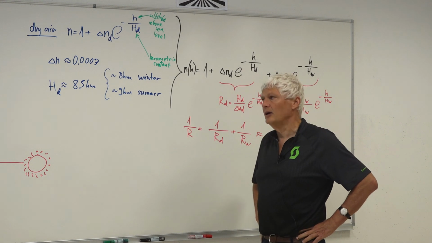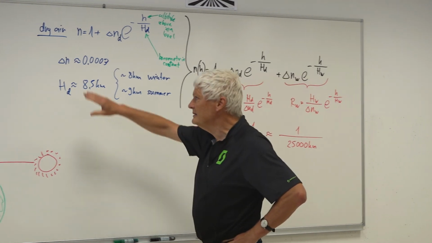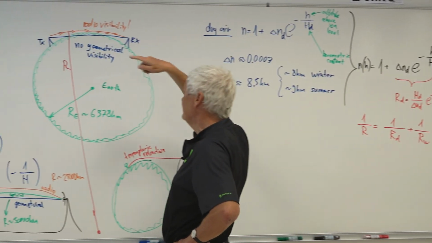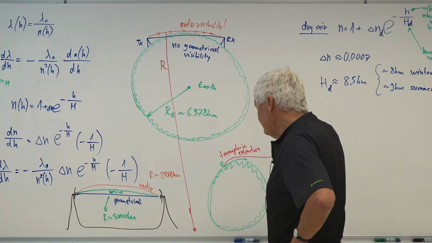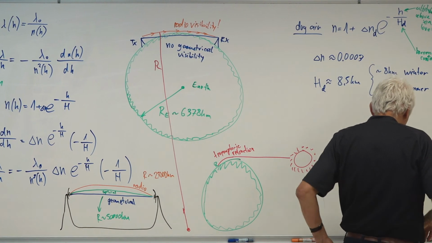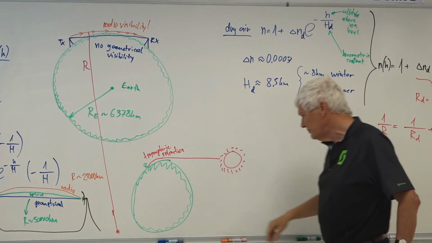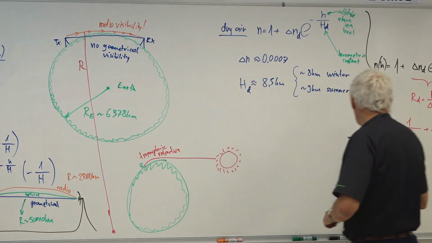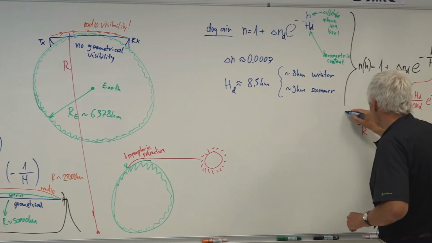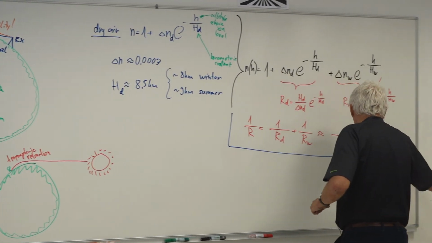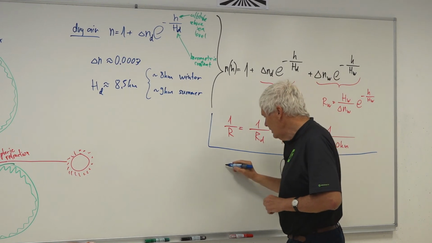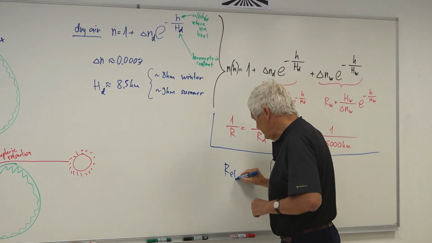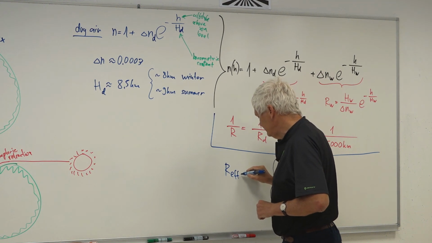How to calculate all these things? How to calculate such radio links as I have depicted here? Now it again makes sense to calculate things using curvatures. And we introduce a new quantity called the effective radius of Earth.